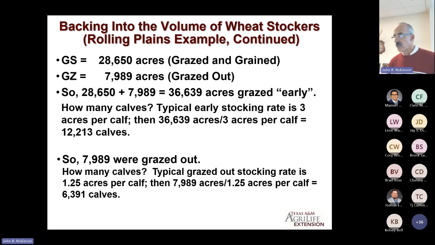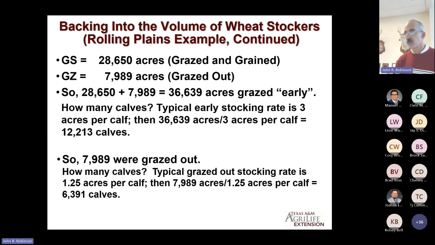And I'll dwell on this slide just briefly. You can use those numbers, those grazing acres of wheat, to back into using a grazing stocking rate, early season stocking rate, later season stocking rate, and you can back into the number of calves that would have been supported by that many acres.